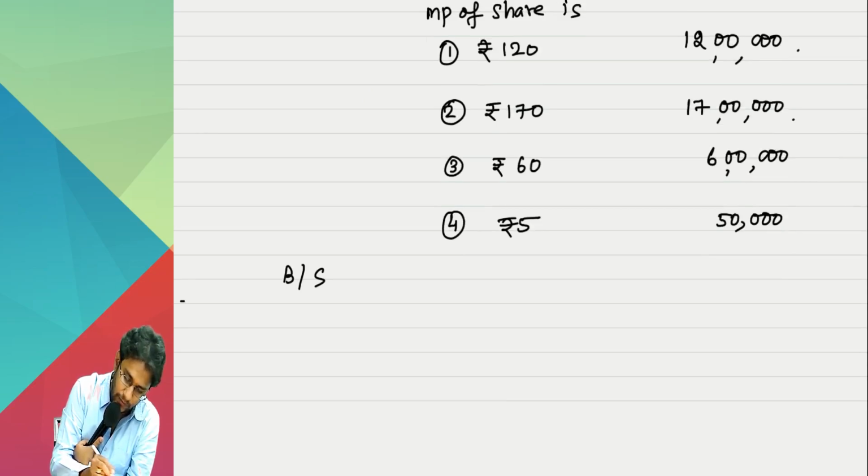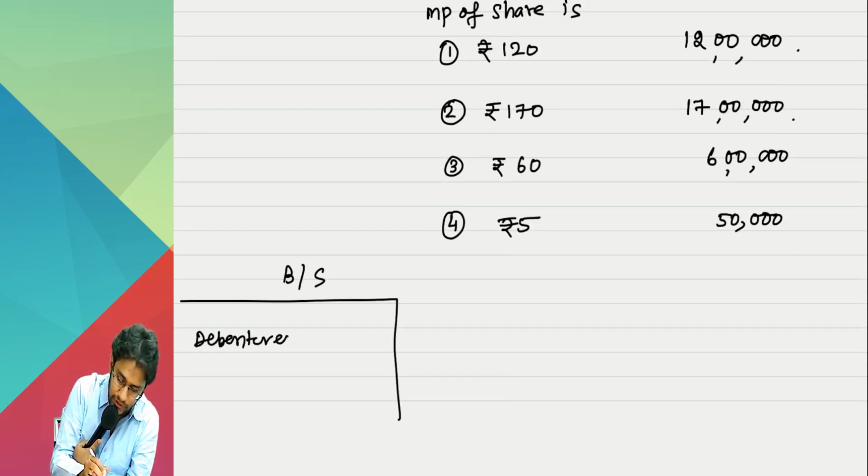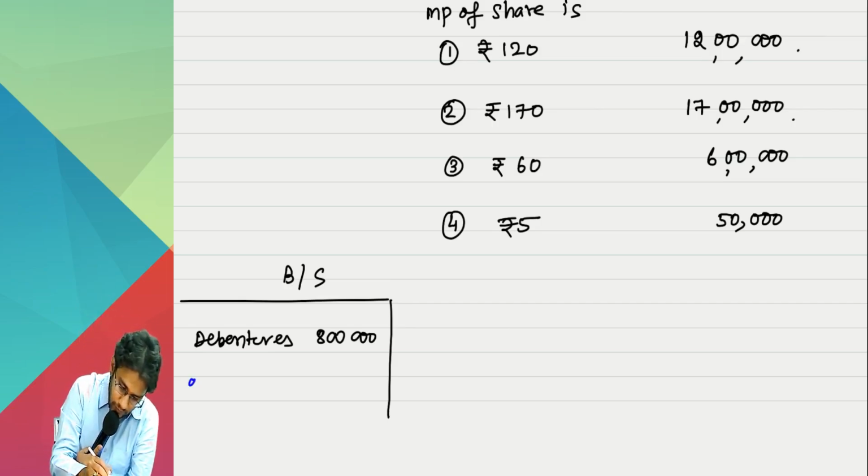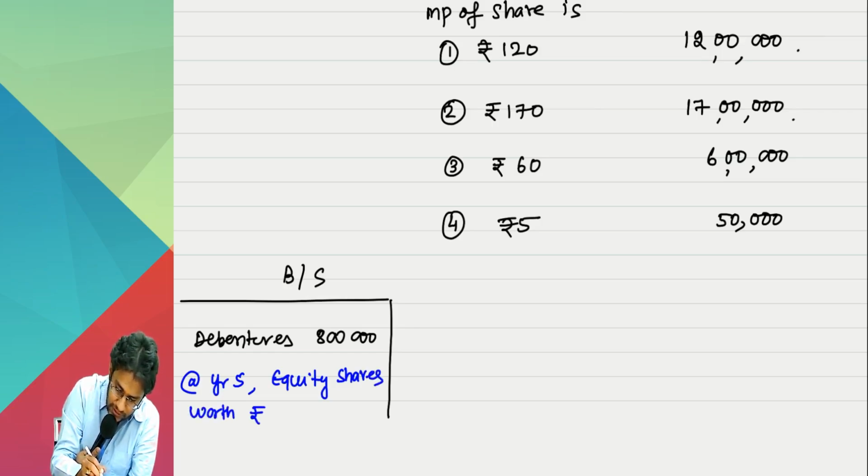Imagine, same story. I raised debentures of, let's say, 8 lakhs. And I tell this fellow that at year 5, equity shares worth rupees 10 lakhs will be issued.